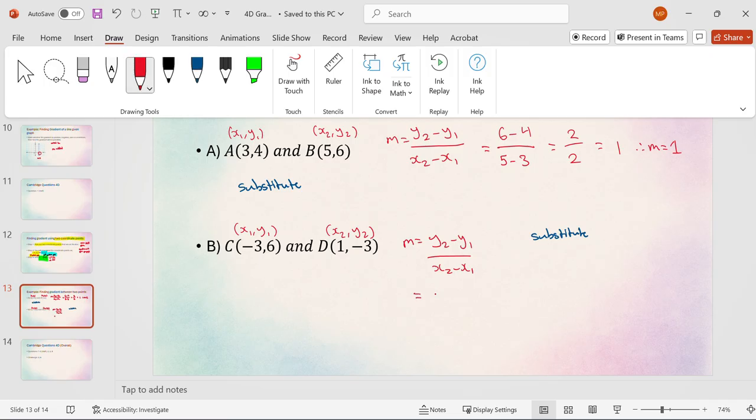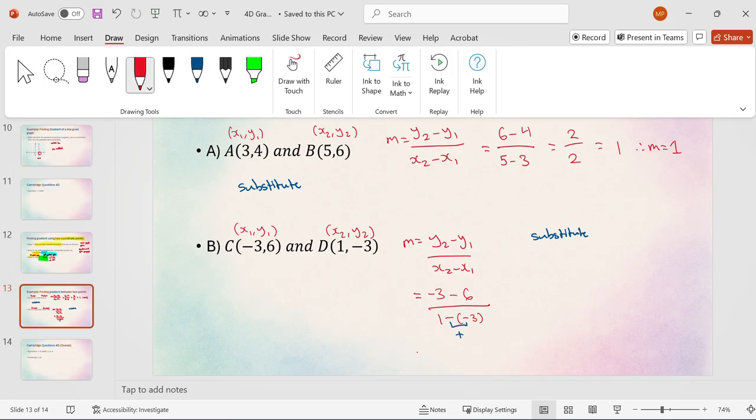So m equals, what's y2 here? I have negative 3 minus y1 being 6. Put that over x2, which is positive 1, minus x1, which is negative 3. So this is what I mean by be careful. You actually have to do minus negative 3. Now, obviously, when you see two signs next to each other like that, you have to combine the operations. So two minuses make a plus.